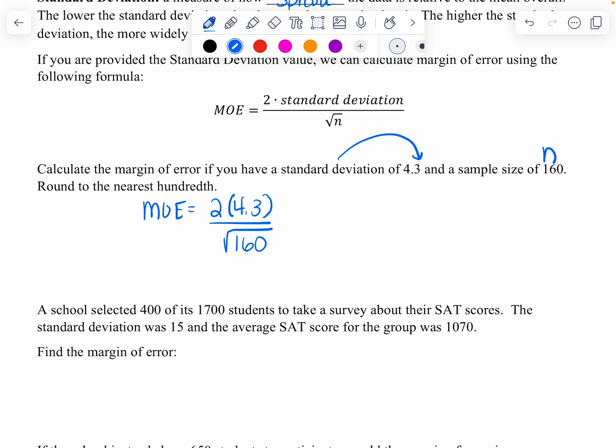When I put that in my calculator, I get a margin of error equal to plus or minus 0.68%. So I could be on the low end or I could be on the high end. And just so we know, the answer is already a percent because our standard deviation is included. So this percent is final.